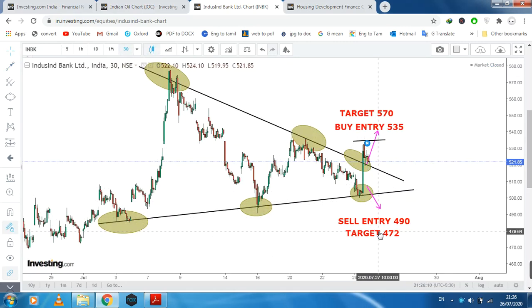So you have to wait for the market, after that you can go for a good entry. What is this about? This 490 is the previous swing low. So to break this 490, the candle needs to close below 490. Then you can go for the sell entry. You can confirm with a retest again, these are good breakout targets.